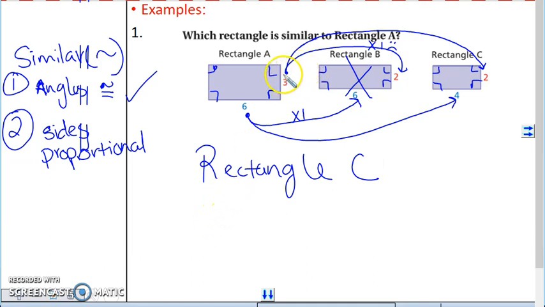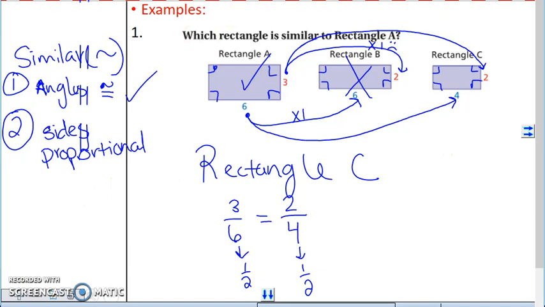Here's our proportion: 3 over 6, rectangle A, equals 2 over 4. They're supposed to be equal, meaning we could simplify both of these down to 1/2. And we can. That's how.